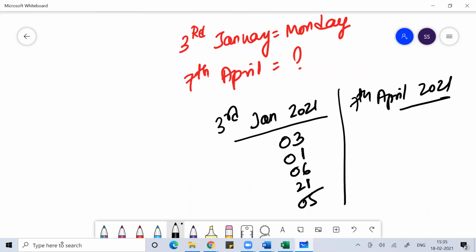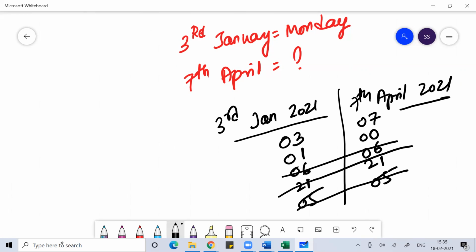Similarly here, the date is 07, and April is 0. Then this is 06, this is 21, this is 05. These are all the same, so what matters is this: the sum is 4 here, and the sum is 7 here. So if 4 means Monday, then 7 means Thursday. Very simple.